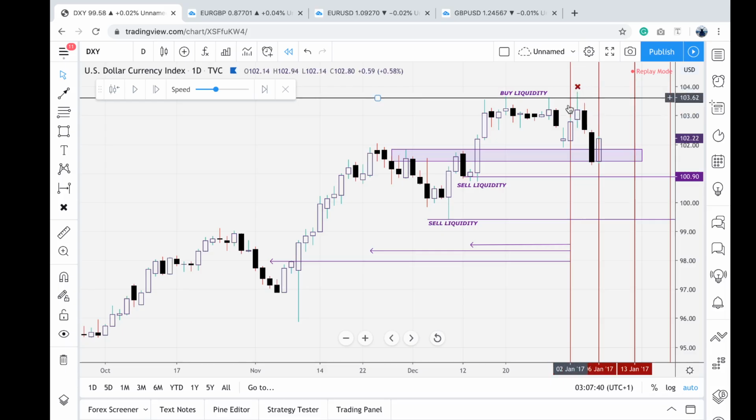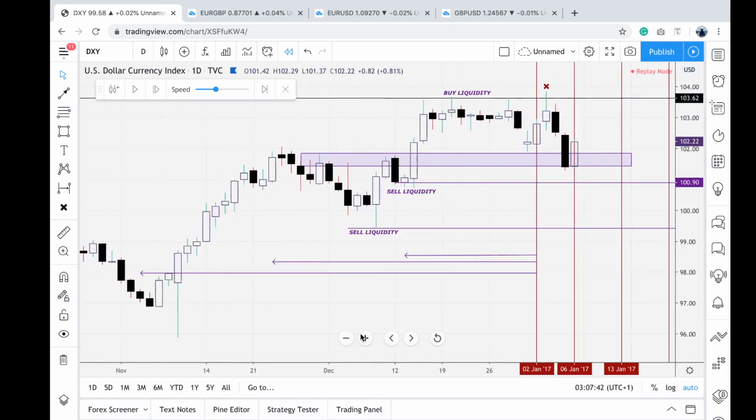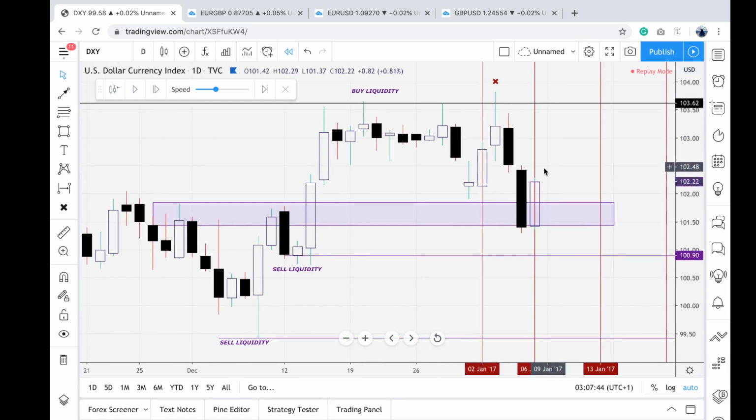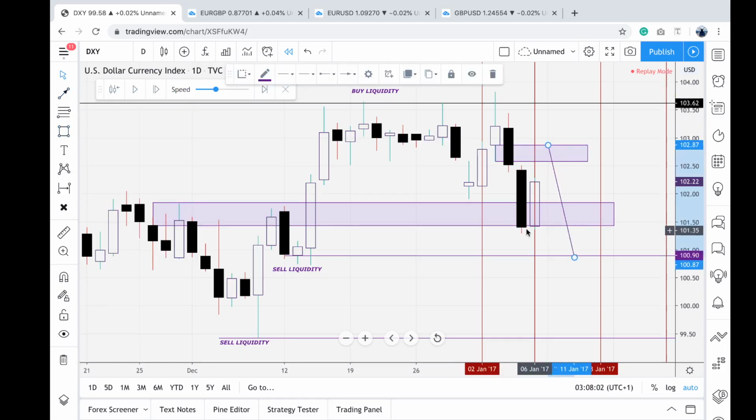This stop run, I feel, is a catalyst for us to get a bearish move. So for Monday, I want to see a retracement into this level on DXY, and find bearishness off that level into this next level, because now we've tested this level, so we can see a retracement down into this level.